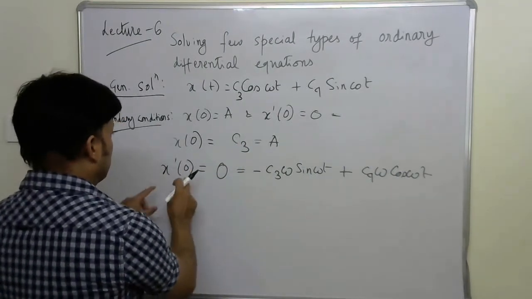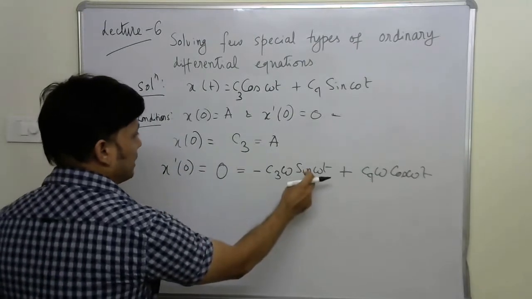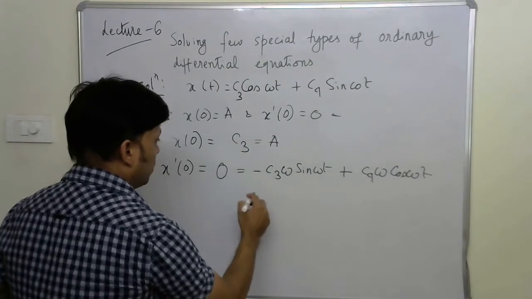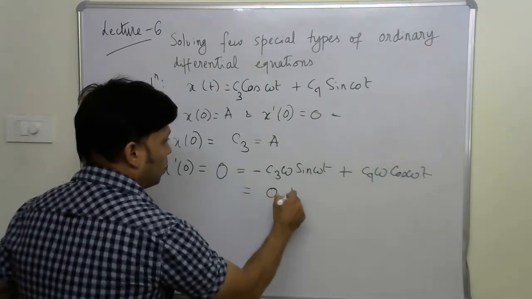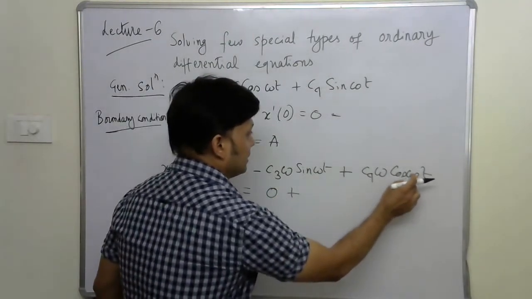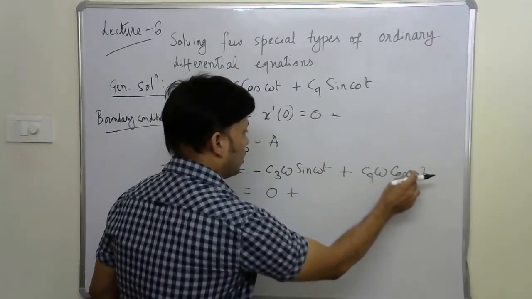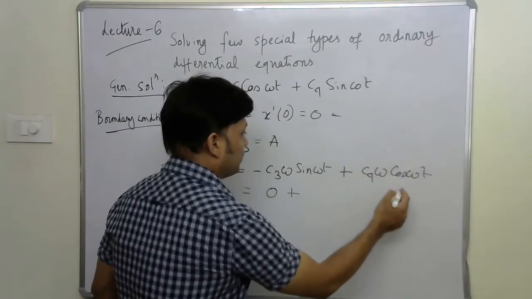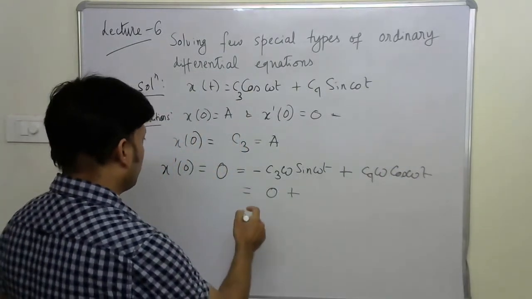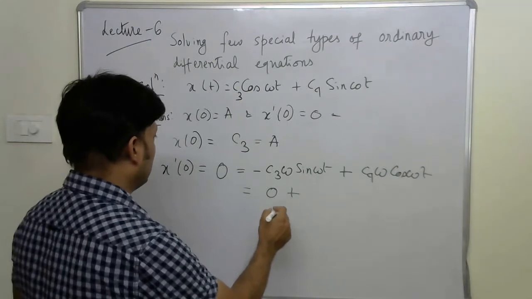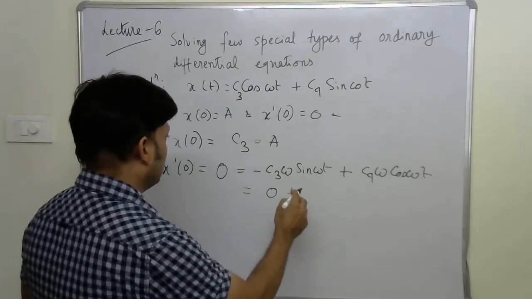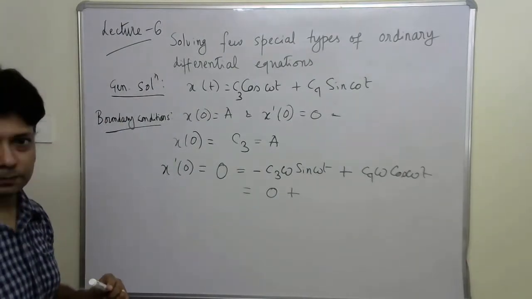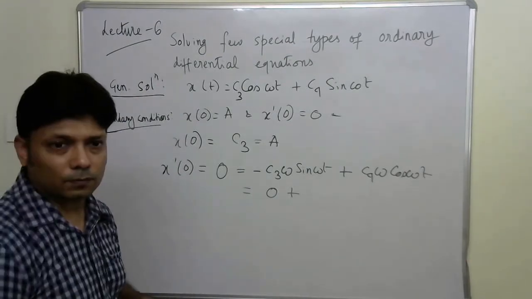All right. So whenever we now put t is equal to 0, the sin omega t part becomes 0, so this equals 0 plus, and this part becomes unity. Okay. So what we get is the entire part.